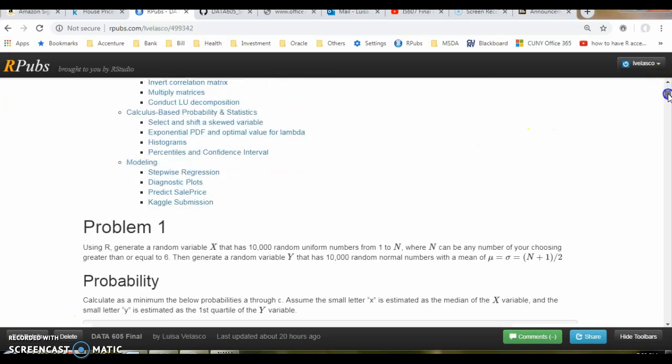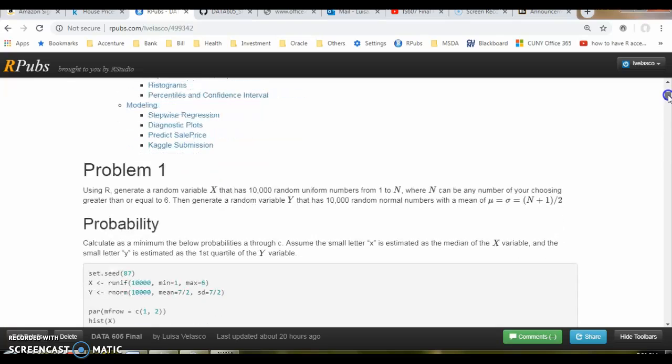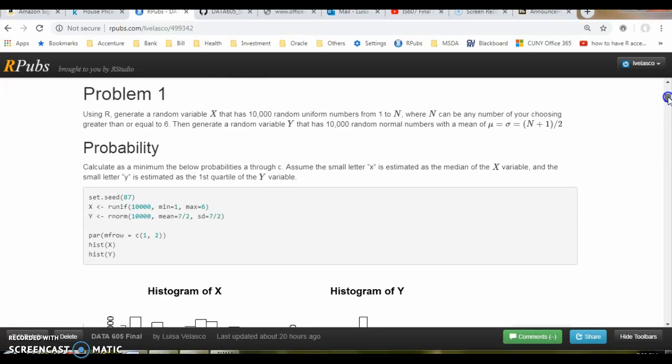For problem 1, we have two sets of variables. We have variable x being uniform numbers between 1 and 6. And for y variables, we have random normal numbers with mean and standard deviation equal to (row count plus 1) divided by 2.